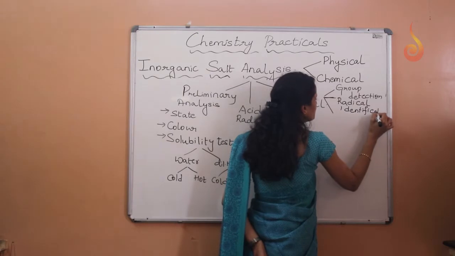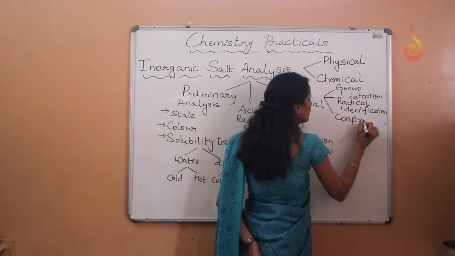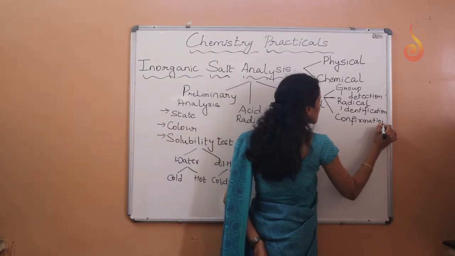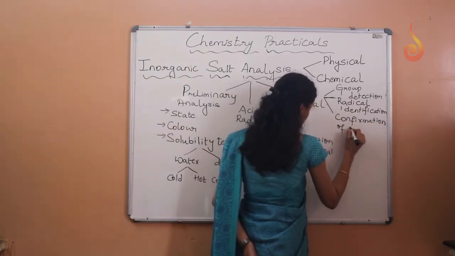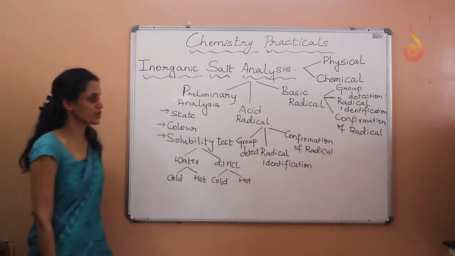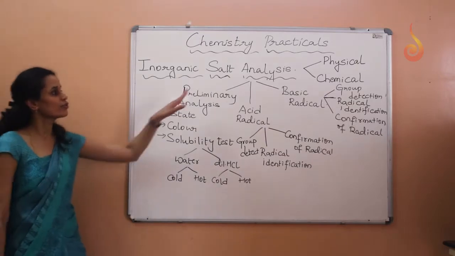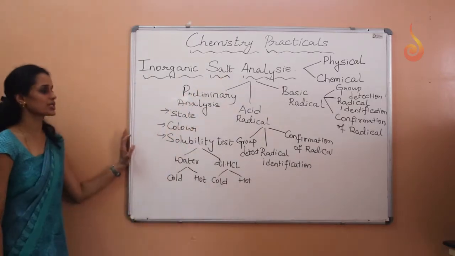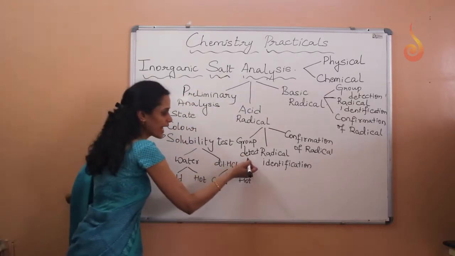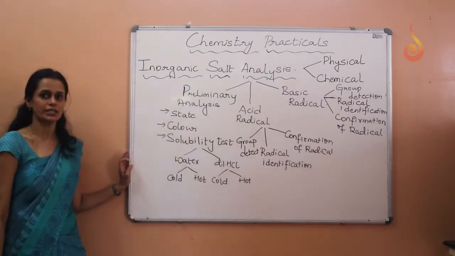Then finally, we will confirm the radical by performing a confirmatory test. So, this is how we follow each step during inorganic salt analysis: group detection, radical identification and confirmation of the radical.